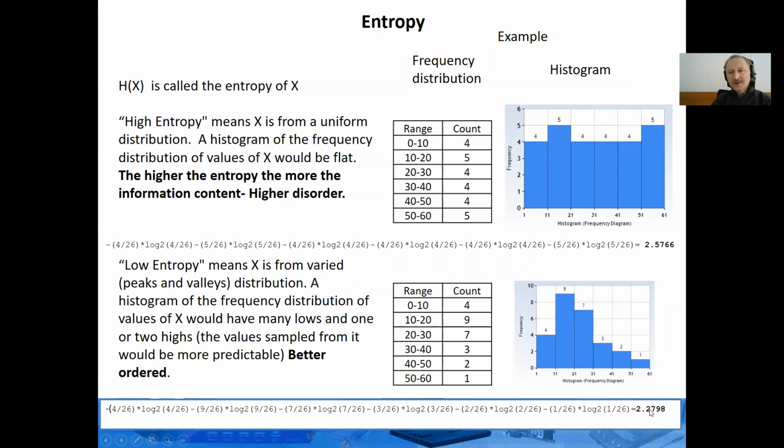Which one is better, do you think? This one or this one? I think this one should be better, more information. Not more information, better ordered. You can discover more patterns from this data because it is ordered.